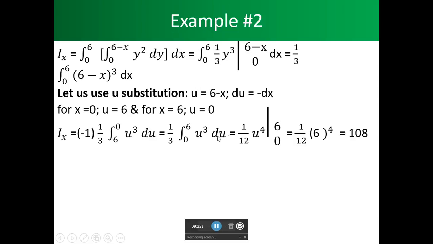Now, if we perform our integration, we're going to have 1/4. There's the 1/3. So it's going to be 1/4 times 1/3 to give us our 1/12. And this will be u to the 4th power, evaluating from 0 to 6.